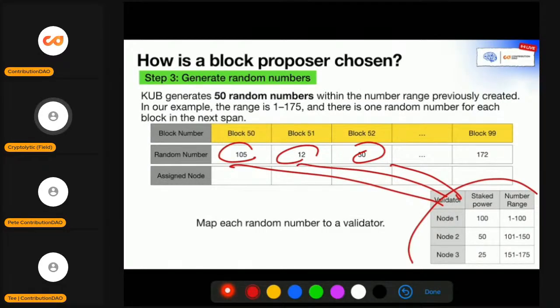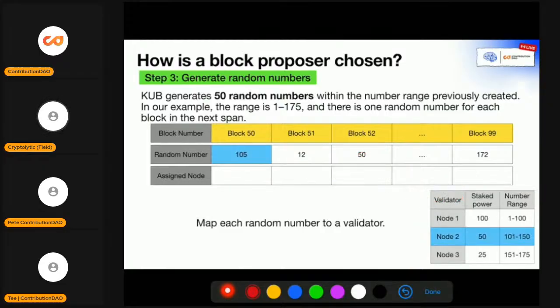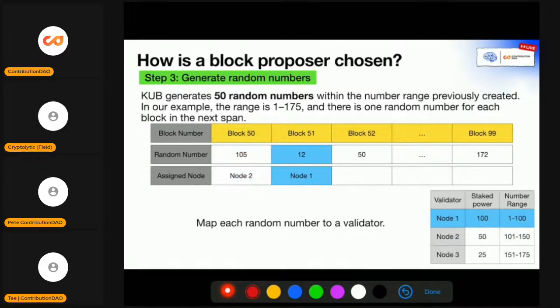So for the first one, the random number is 105, and 105 falls into the range of node 2. It's quite simple, and then node 2 gets chosen as the proposer for block 50. Then at block 51, the random number is 12, and it falls into the number range of node 1.